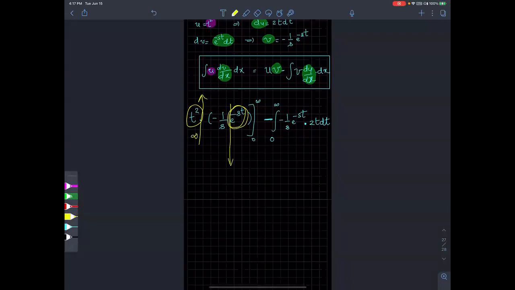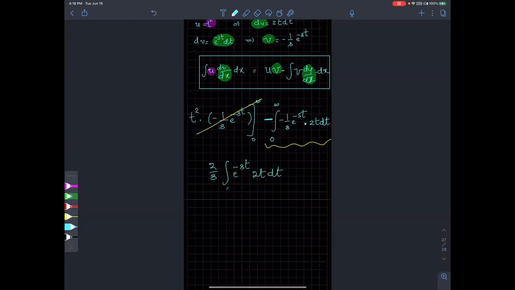This goes to infinity, this goes to 0, but the e to the negative st term goes towards 0 much faster than t squared. So the argument is all of this is going to go to 0. So we are left with just this guy, 2 over s integral e to the minus st 2t dt.